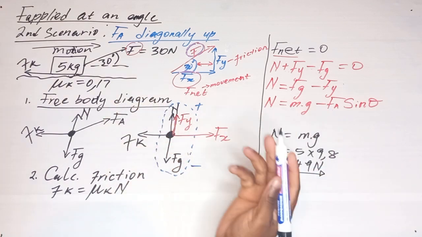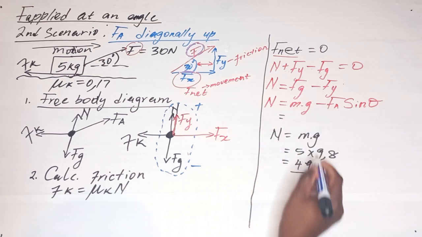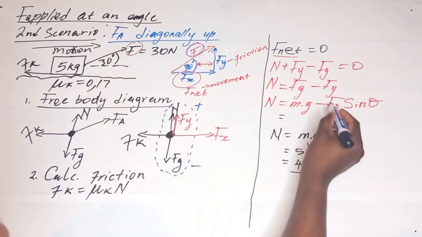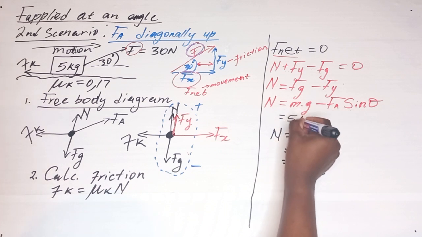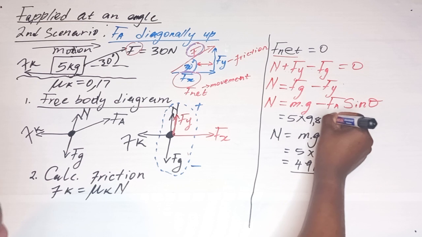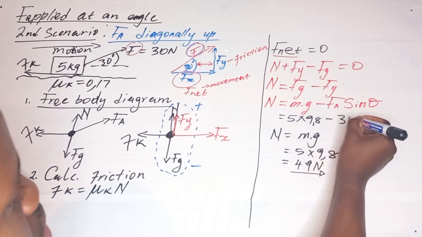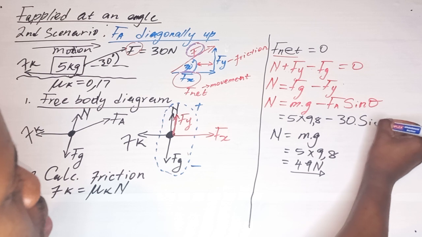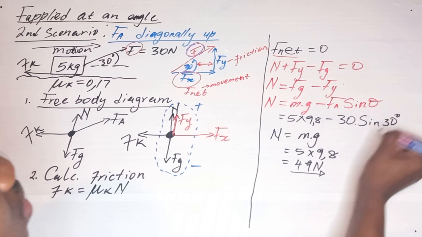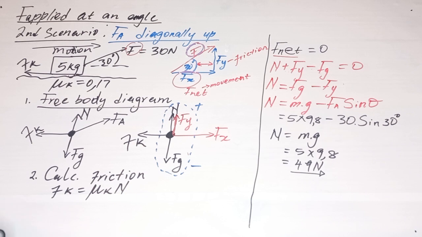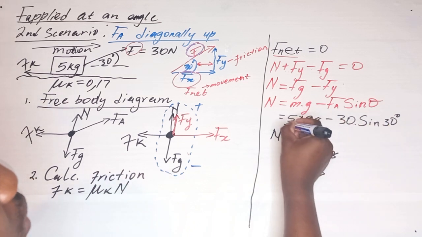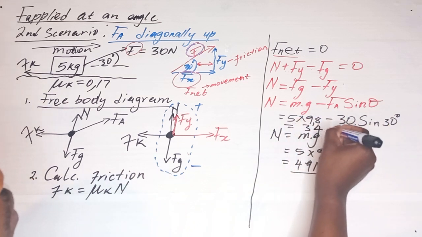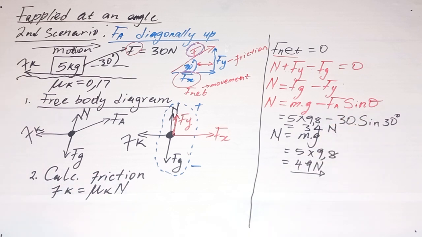But now let us see what is going to happen if this is applied at an angle, as in this case. We have 5 multiplied by 9,8 minus 30 times sine of the angle, which is 30 degrees, right? So if we say 49 minus 30 sine 30 degrees, we now get 34 newtons, right?